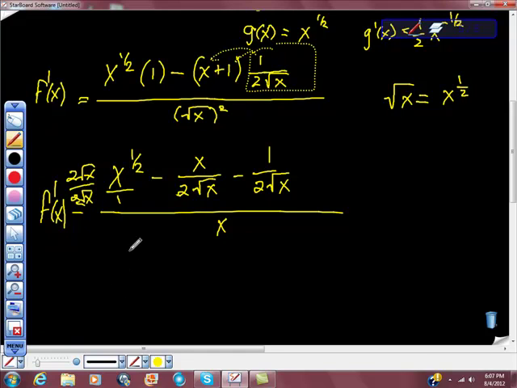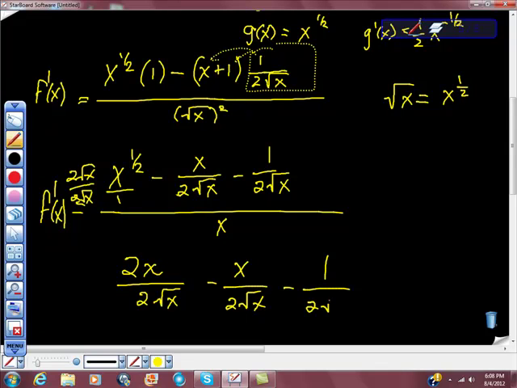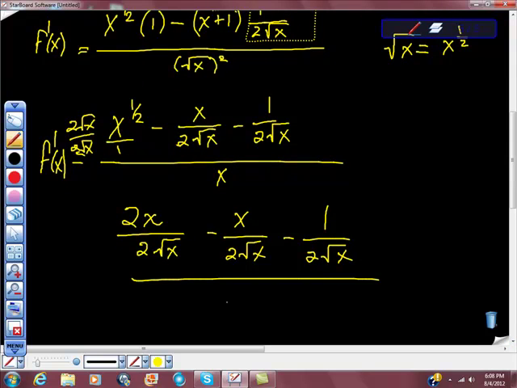And that will give us 2x over 2 square roots of x minus x over 2 square roots of x minus 1 over 2 square roots of x. Forgot how much I like this. Yay. Right? Is all equal to f prime at x.